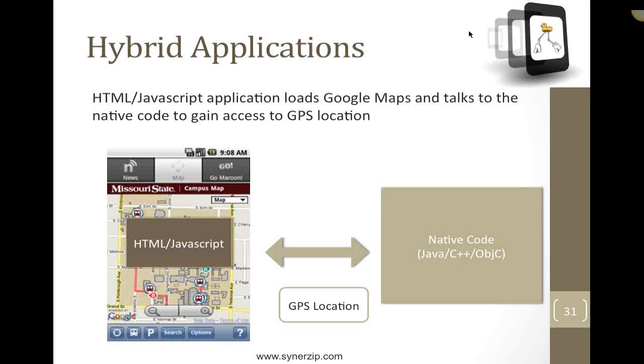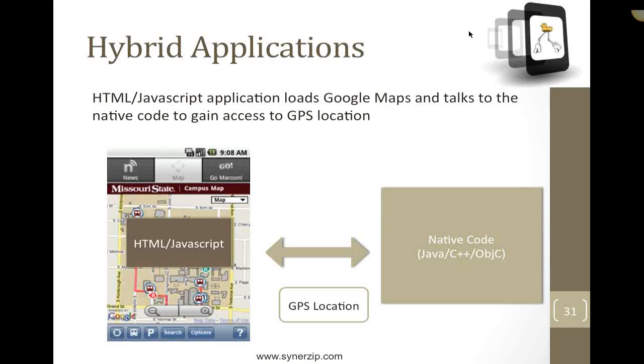This Google Maps loads from Google, and now talks to the native Android code using Java, or it talks to native iOS code using Objective-C, and it asks the native code to give me the GPS location. And when the GPS location is given back from the native code, the Google Maps will center around that particular GPS location. So that's an example of how things work.